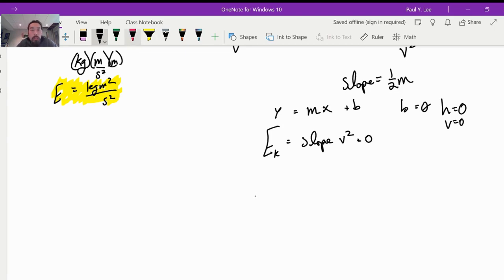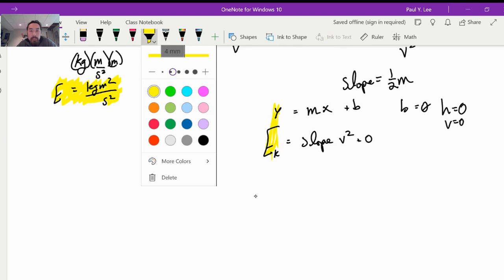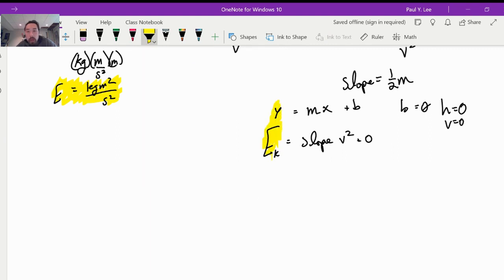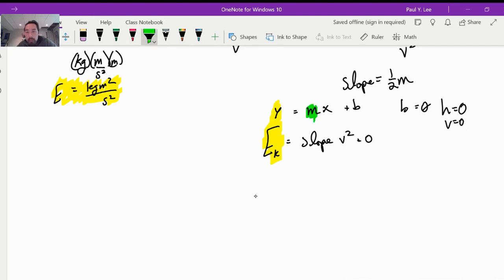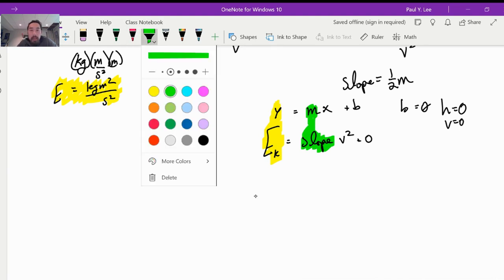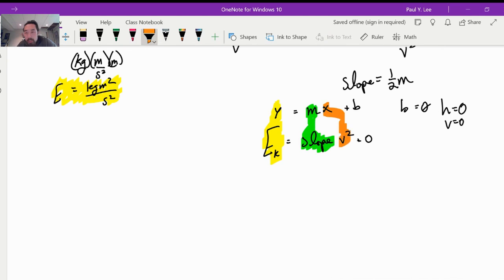And so what we get here is that our y-axis is the initial energy, okay? And let's make this a little bit thicker. There we go. Our slope was this number that we got right there, and that x-axis is our v squared.